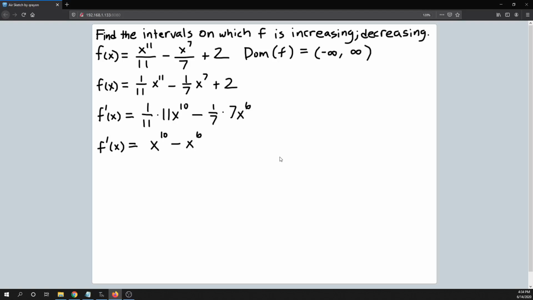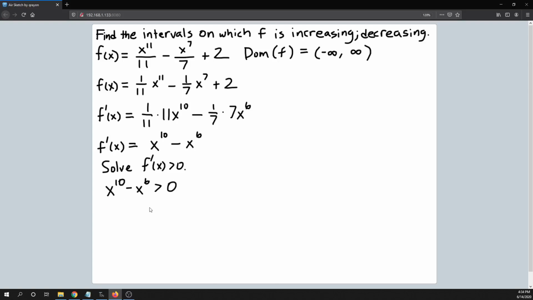Okay, so next up is to figure out which intervals f is increasing on and on which intervals it's decreasing. Then what we want to do is to solve the inequality f prime of x greater than 0. All right, so that inequality is going to be x to the 10th minus x to the 6th greater than 0.